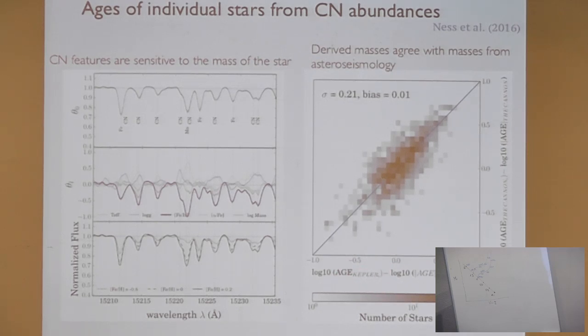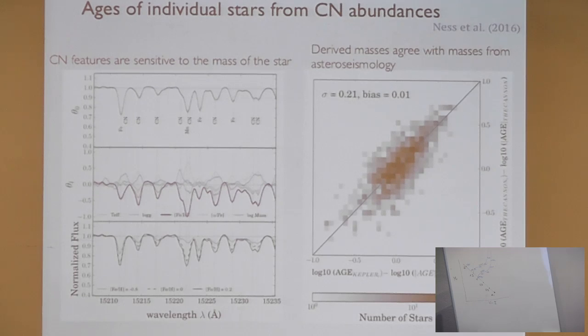Kepler is a satellite that does asteroseismology, so it measures the mass of a star based on the seismic oscillation of the surface of the star, actually the whole star. So these are ages very accurate, we believe, very well measured, and if they agree with the masses, and therefore the ages measured from The Cannon, we think we are doing it properly.